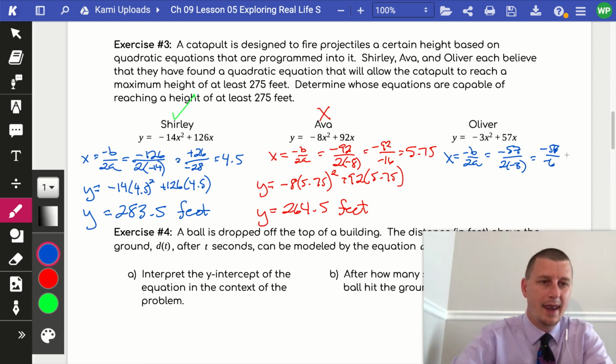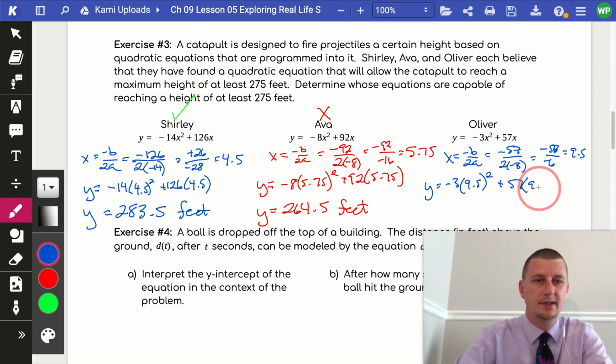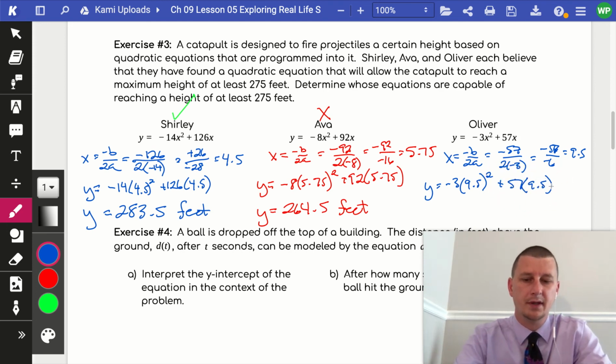That's going to be 9.5. So we're going to substitute 9.5 in for x now to get our maximum height and see if it's at least 275 feet. So again, we have negative 3 times 9.5 squared plus 57 times 9.5. So we're going to put this in our calculator.